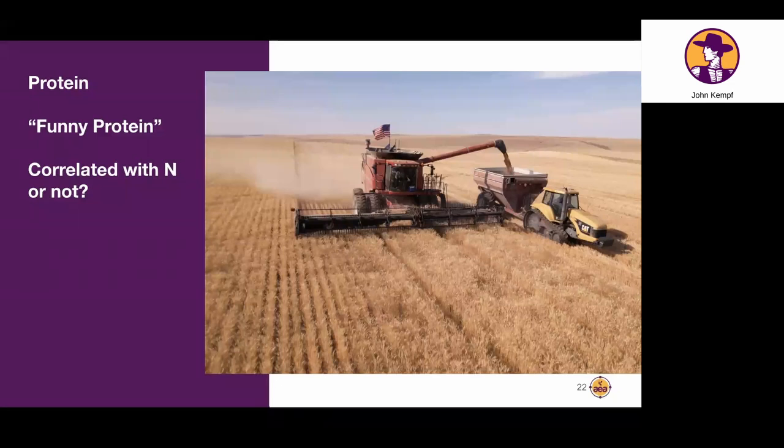Well, first of all, we can say there's lots of variation. And it's generally true that there isn't much correlation between nitrogen applications to the soil, I'm not talking about foliars here, but nitrogen applications to the soil and grain protein content.